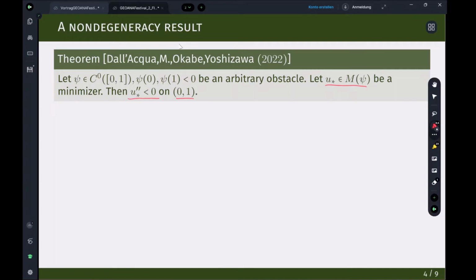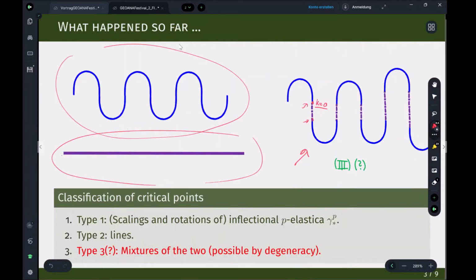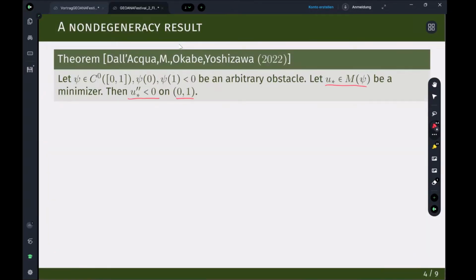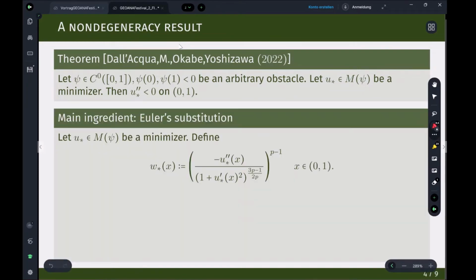And because of the strict concavity, it is impossible to take pieces of the type 3 critical points like this, because they satisfy u'' equals 0 whenever a line part is taken and rotated appropriately. So it is impossible then to take type 3 critical points. So all that remains to show is this theorem.